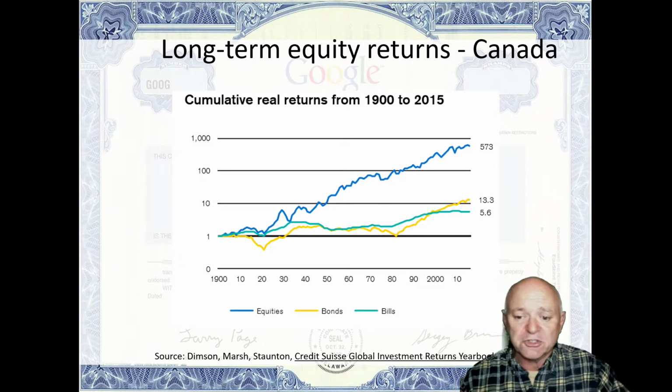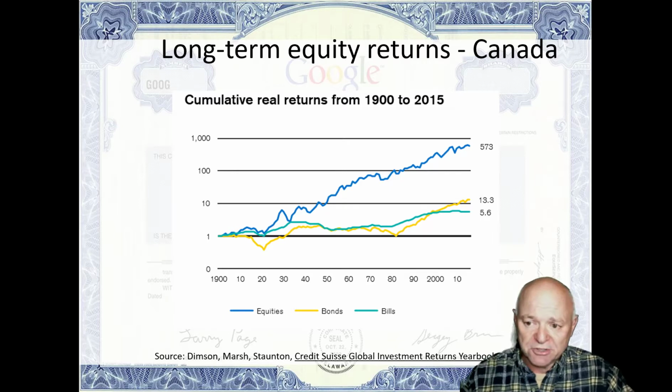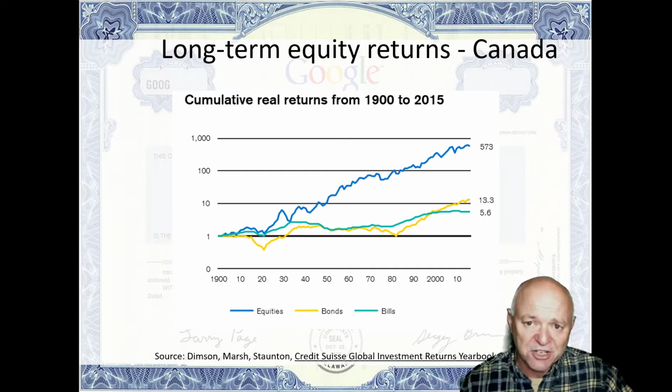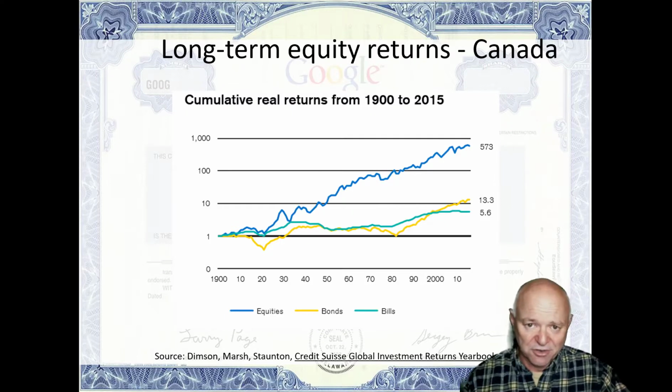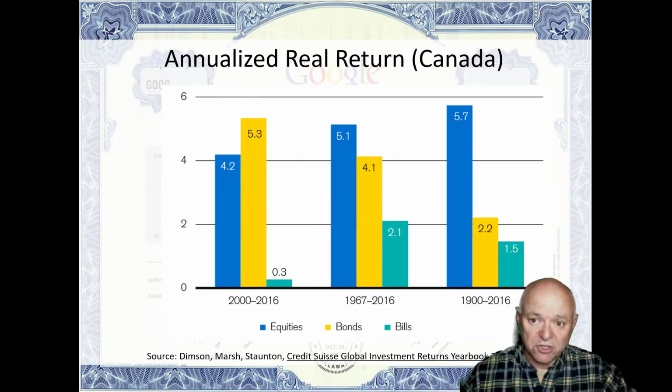You can see here they've also done the same thing for treasury bonds and treasury bills. Treasury bonds are the longer term instruments that we tend to use for our comparisons, and $1 invested in 1900 would increase to be worth $13.30 after 115 years. Those measurements are actually shown in the report. They say, here are the actual average real rates of return.